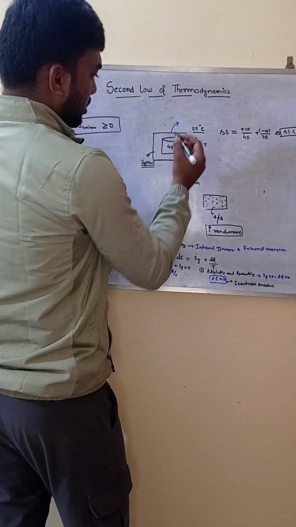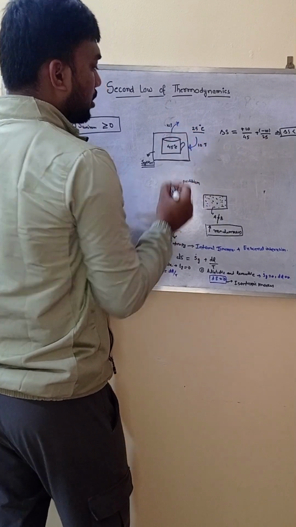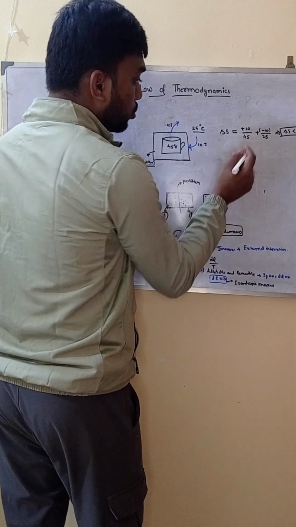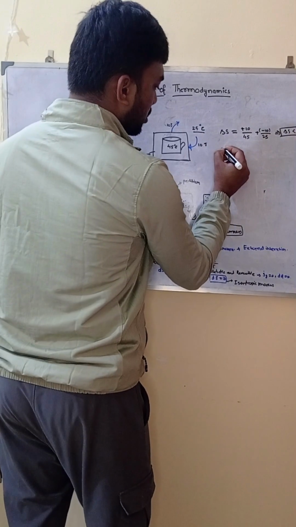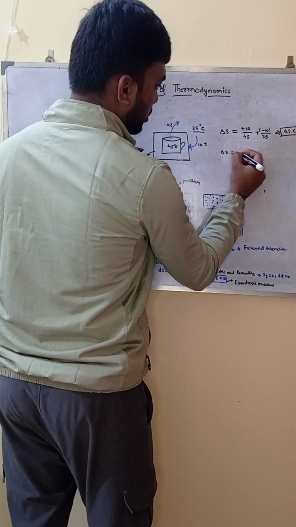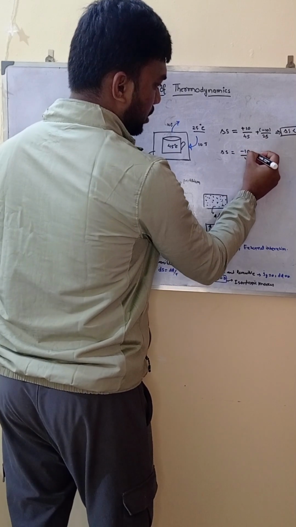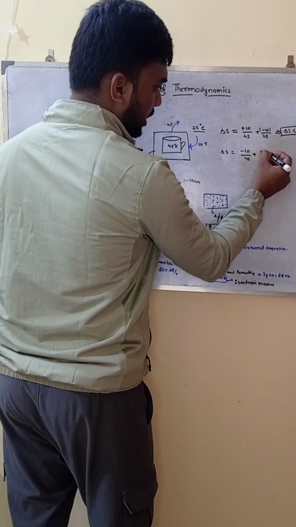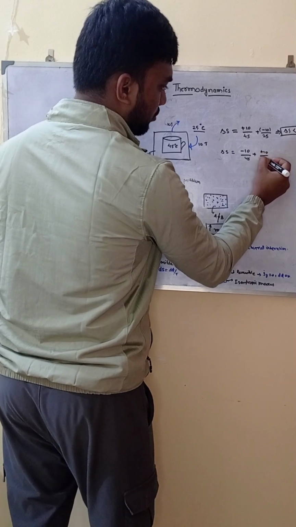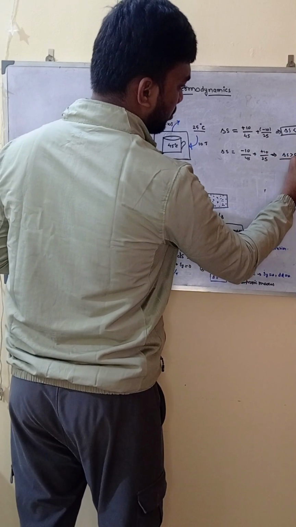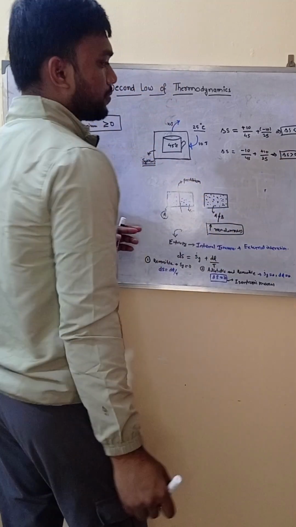We'll take another case, where 10 joule is getting transferred from the hot body to the surrounding at lower temperature. For that we will write delta S equals, for the system, minus 10 upon 45, plus, for the surrounding, plus 10 divided by 25. It is coming out that delta S is greater than 0, that is, positive.